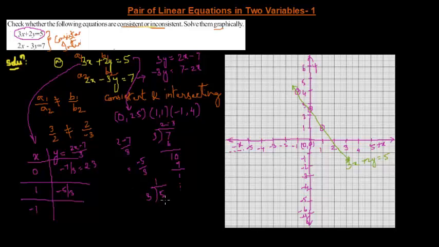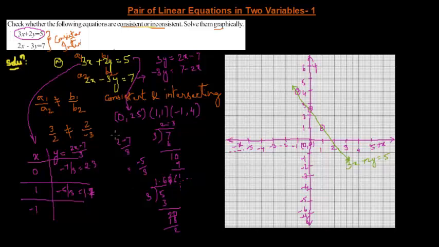This is a recurring decimal, which when I round it to the nearest tenths place, I get 1.7 approximately.